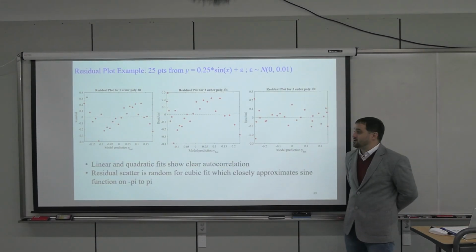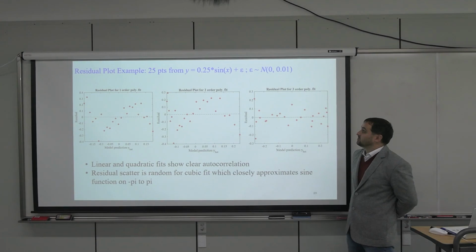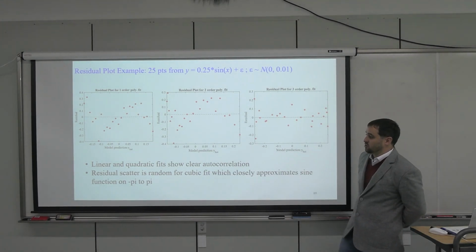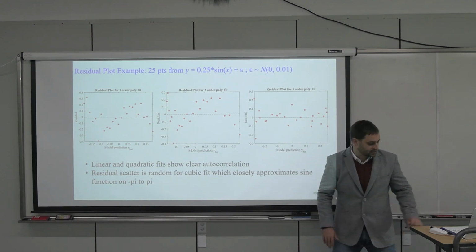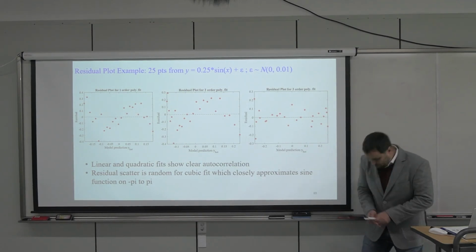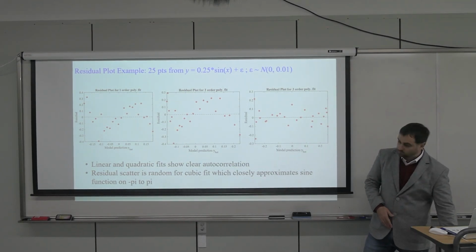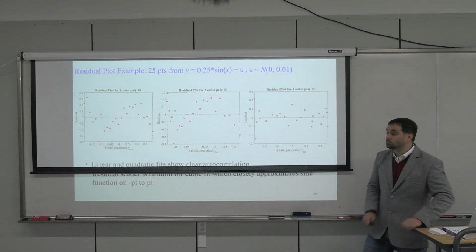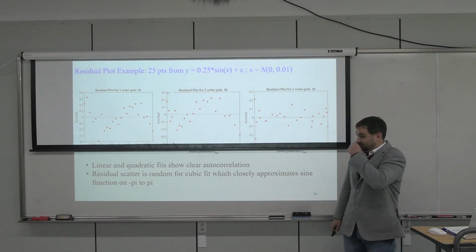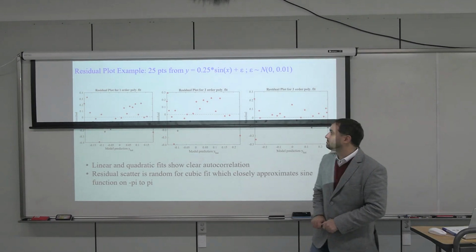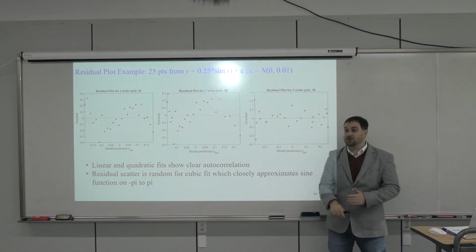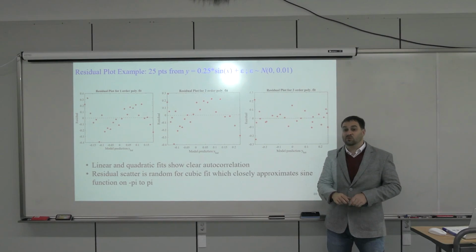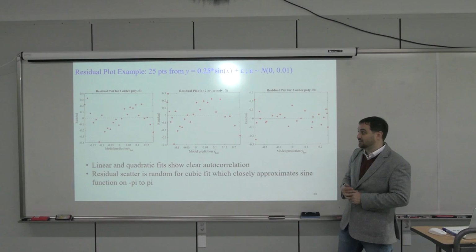Okay, you should have made your residual plots by now. If you're using the same data set, let's look at the actual residual plots, and I will put the screen up. Okay, class, so you should have now made your residual plots for the simple linear, quadratic, and cubic fit to our sine example data set.